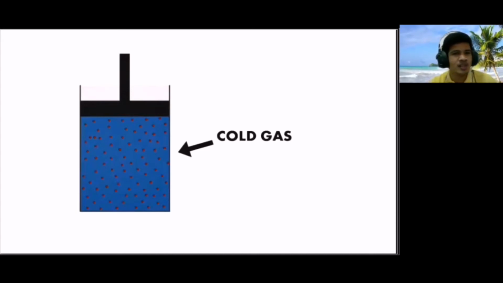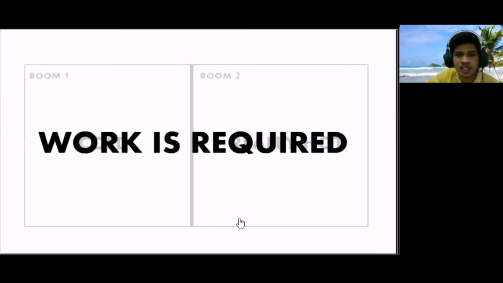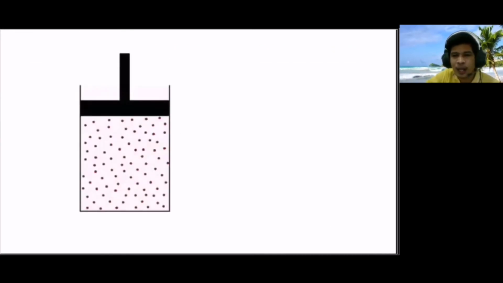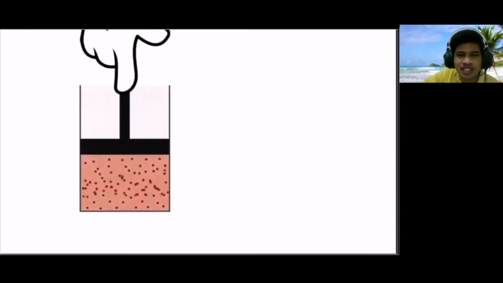Now, this is also the principle we're going to use to build our refrigeration device. This is how the refrigerator works. Here we have two rooms. Sorry about that. Let me just continue. This is a video, and this one is long.